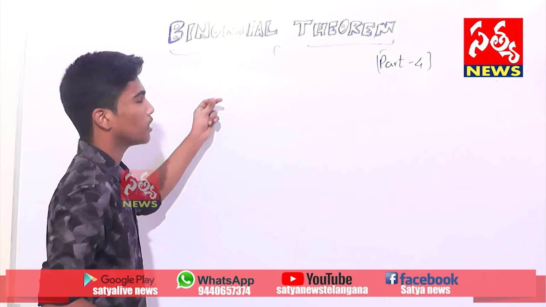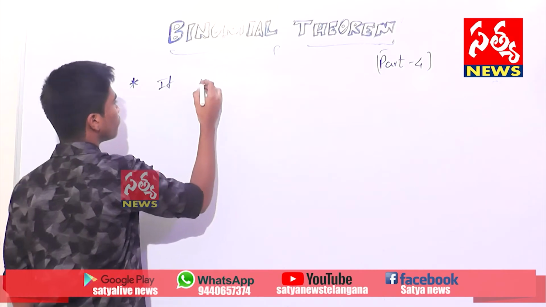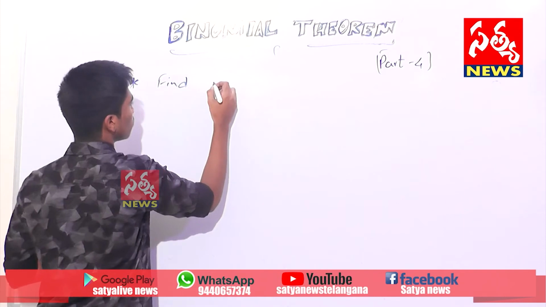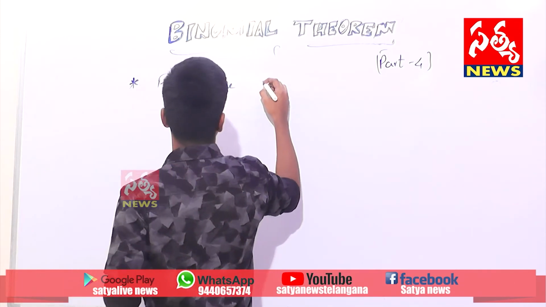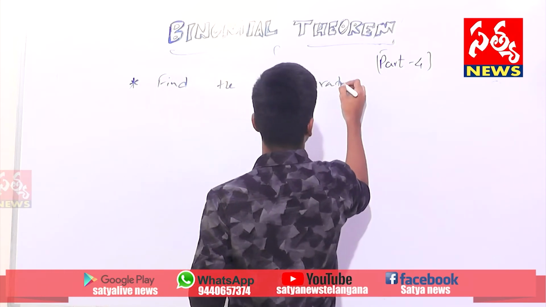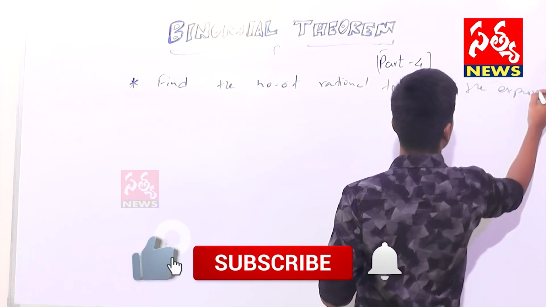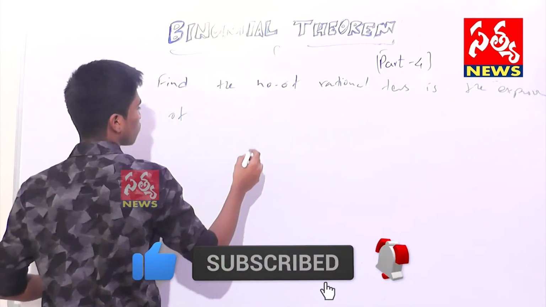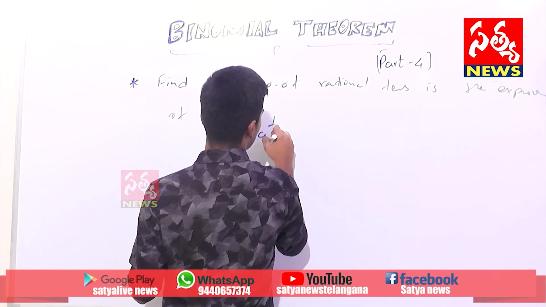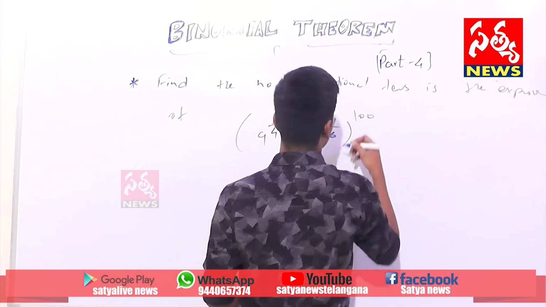Okay. Let's see some problems now, how they ask problems in exams based on the binomial theorem. Find the number of rational terms in the expansion of (9 power 1/4 plus 8 power 1/6) whole power 1000.